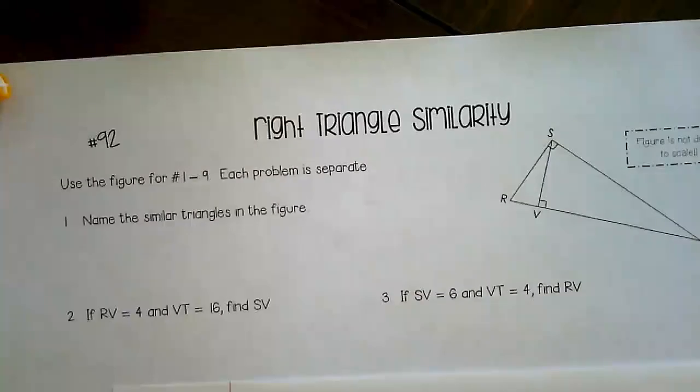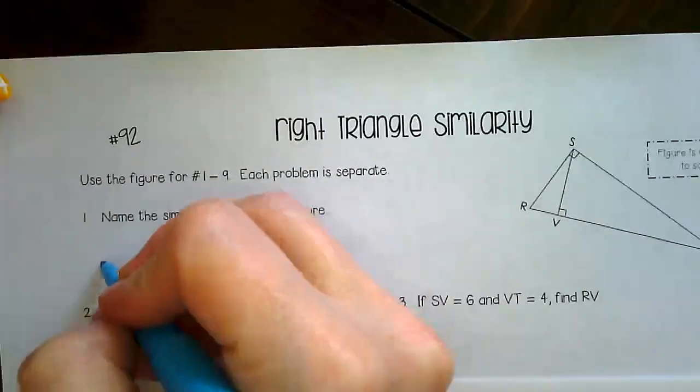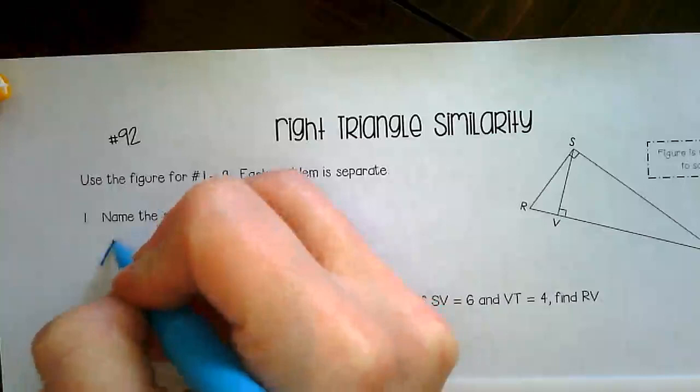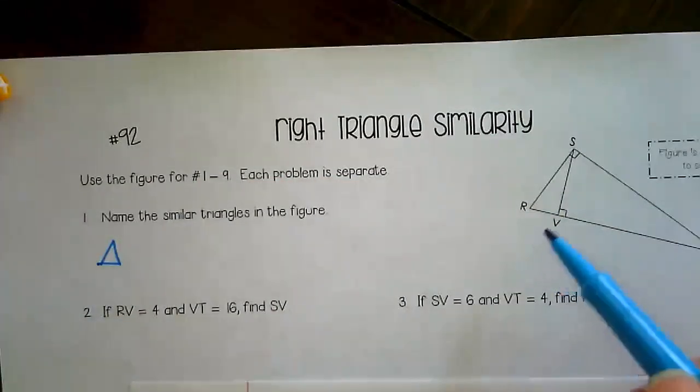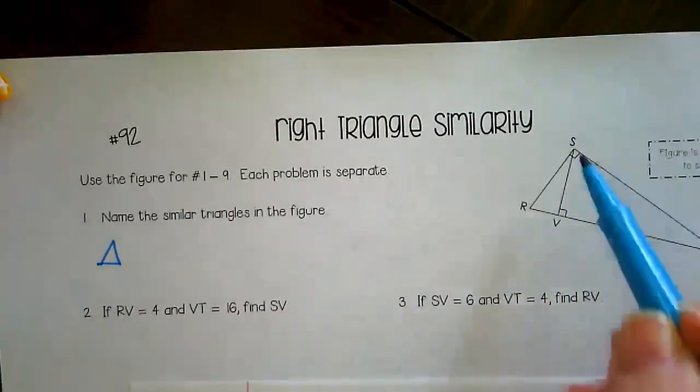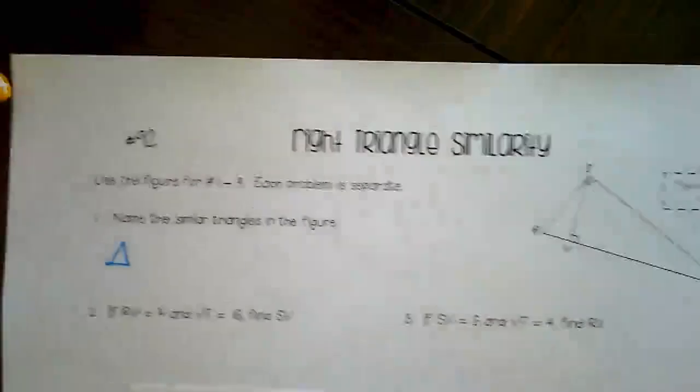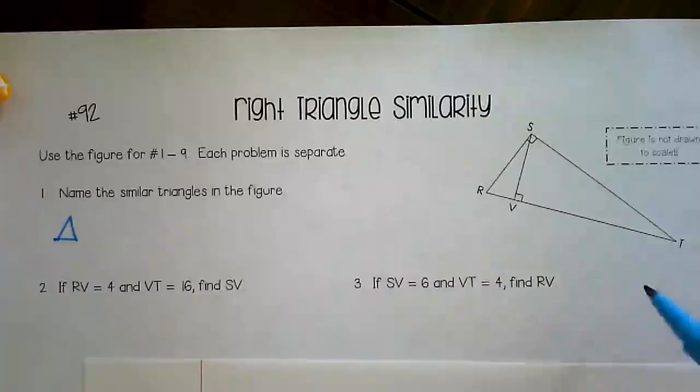So question number one asks us to just name the similar triangles. Now, remember that order is not important, so it doesn't matter what order we write these in, but I'm going to start off with Papa Bear. So I'm going to call him TSR. Let me move over a smidge, sorry.